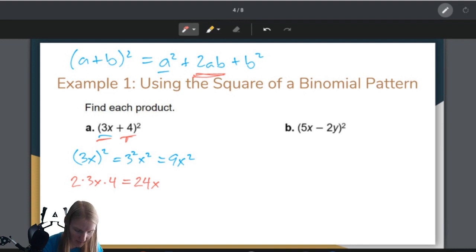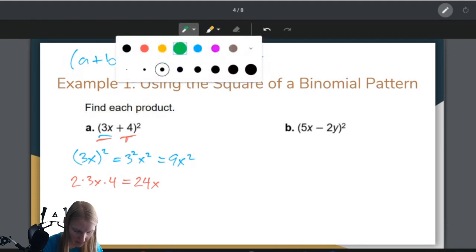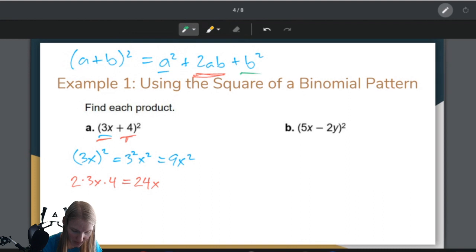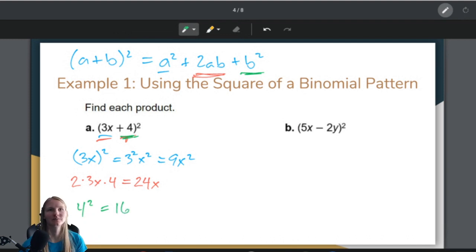Okay, and last but not least, we'll do the b squared term. So that's this last one squared. So we have 4 squared, which is, oh, you can't even see the 4 squared. There we go. 4 squared, which is 16.